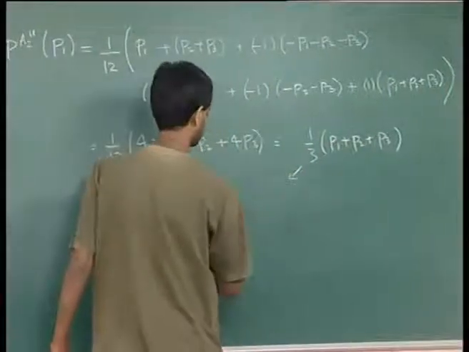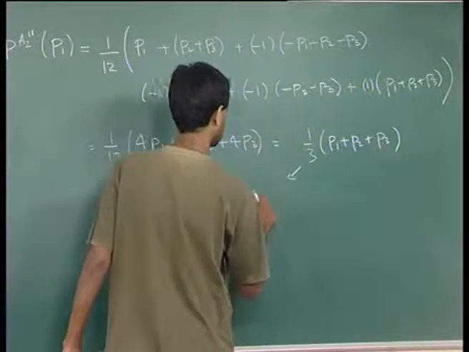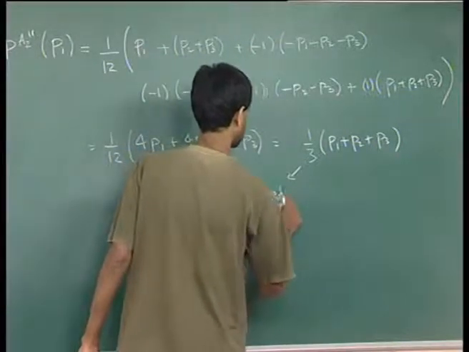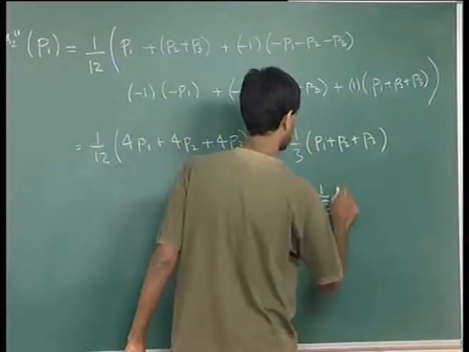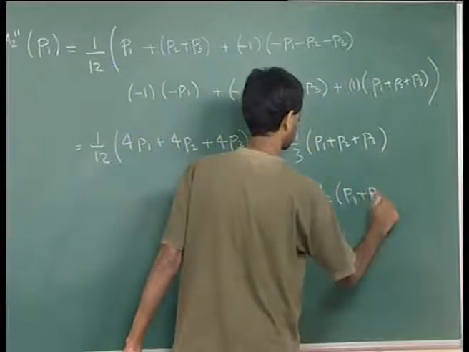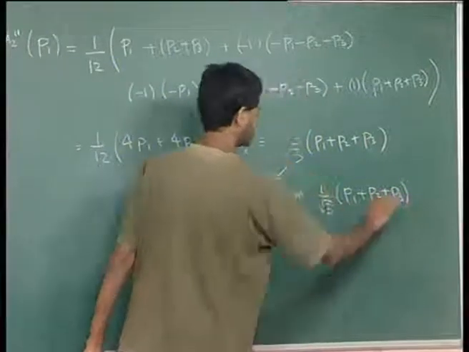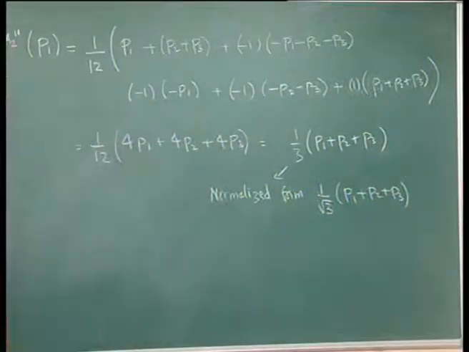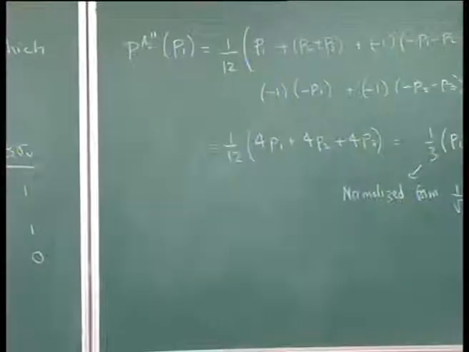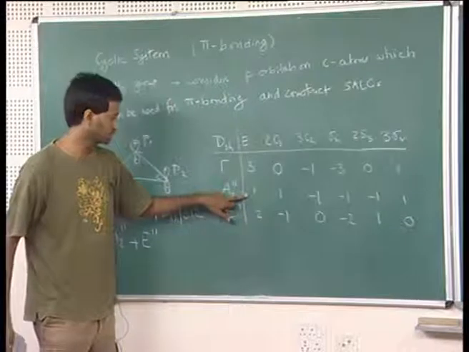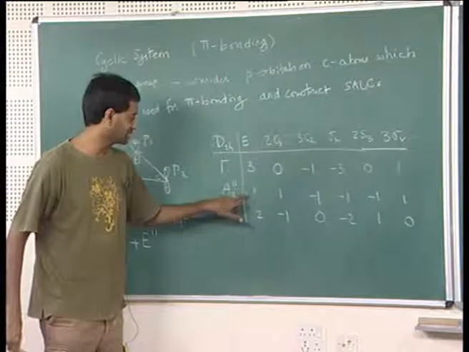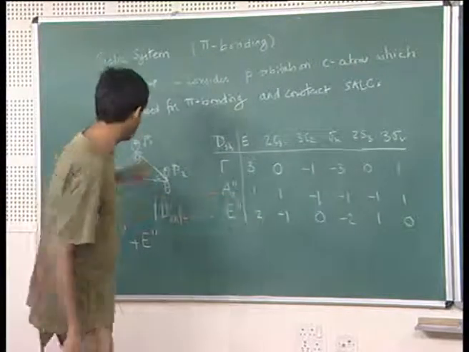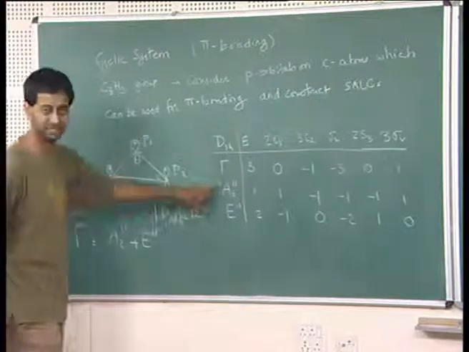So, the normalized one is 1 by root 3 times P1 plus P2 plus P3. And you can show that P1 plus P2 plus P3 transforms exactly like A2 double prime. So what we have done is constructed a basis. We have shown that a linear combination of these transforms as A2 double prime.